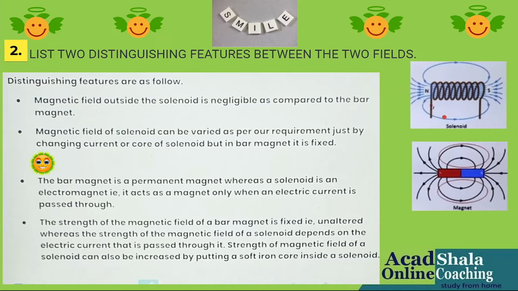Last, the strength of the magnetic field of a bar magnet is fixed, that is unaltered, whereas the strength of the magnetic field of a solenoid depends on the electric current that is passed through it. The strength of the magnetic field of a solenoid can also be increased. How, children? By putting a soft iron core inside the solenoid.